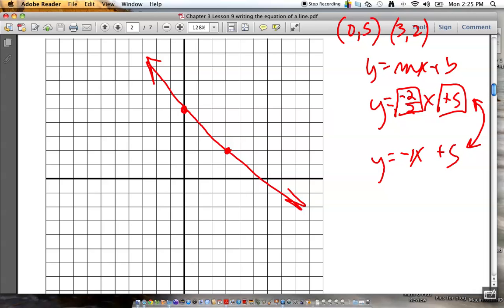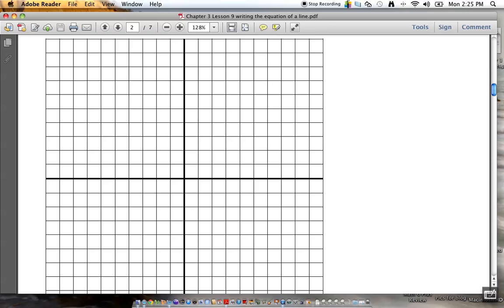No, I understand. Good. Now we go to a very challenging one. What are the 2 coordinates this time? 5, 9? 2, 1, and then 5. Now, here's the thing.